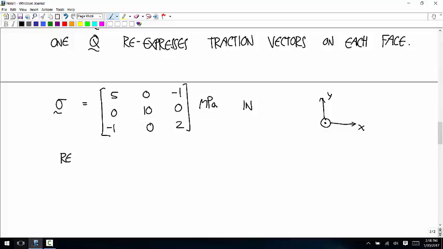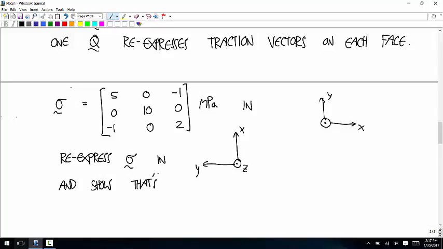What we want to do is re-express this stress tensor in the coordinate system from our last example, where x is this way, y is this way, and z is still towards us. And show that it's the same state of stress.